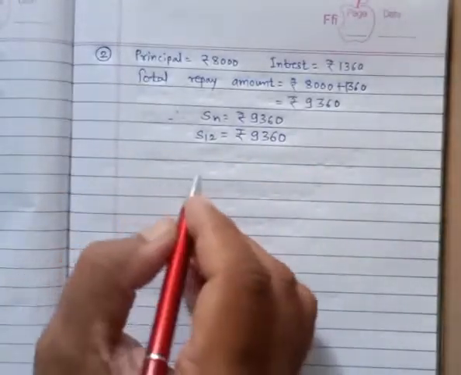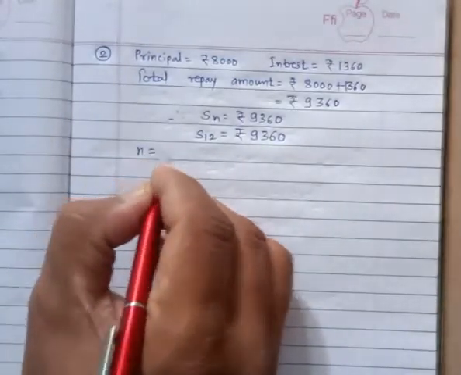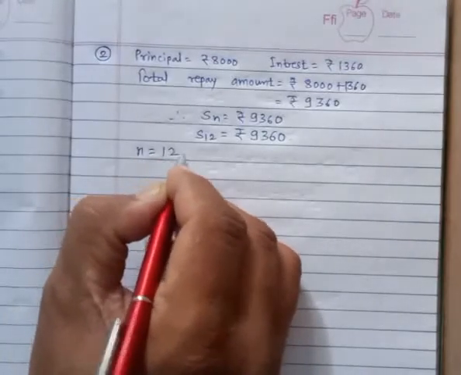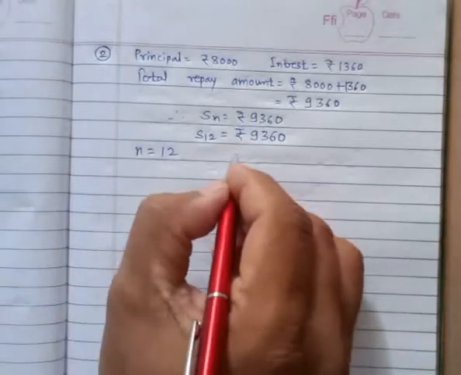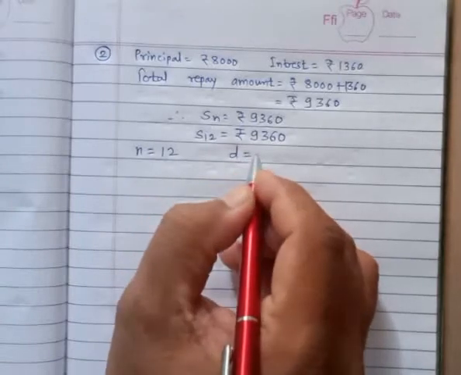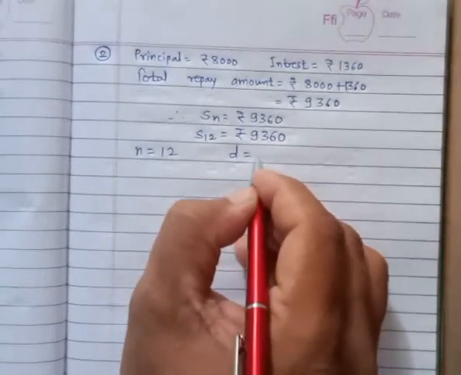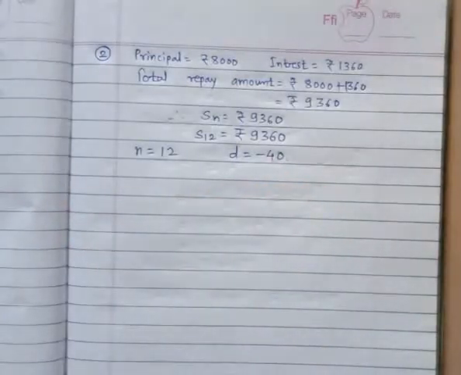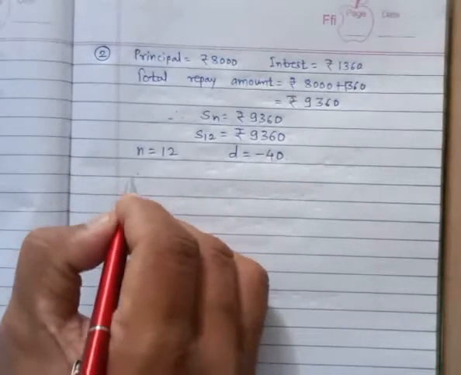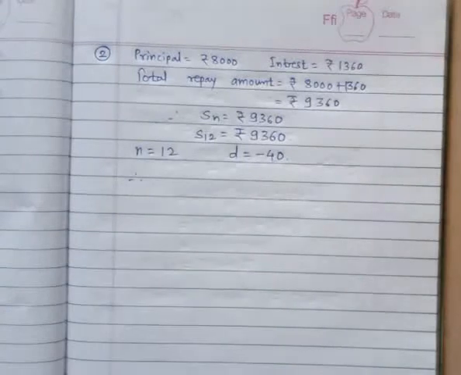Here note that n is equal to 12 and each installment is less than the preceding one by rupees 40. Therefore, d is equal to negative 40. Here first find the first installment and next find the last installment.